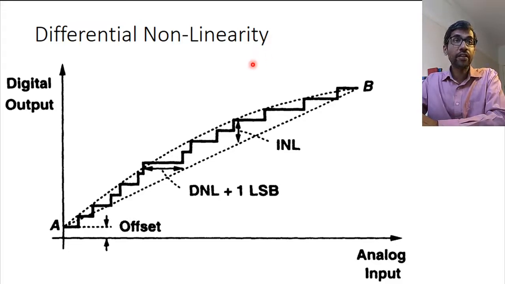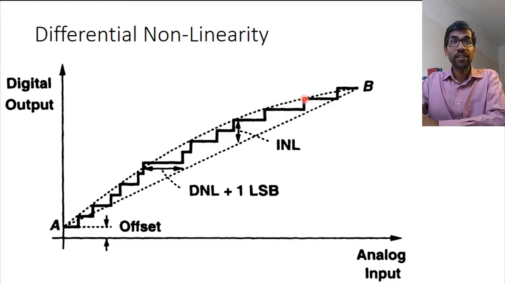So the differential nonlinearity is basically how different is one LSB. Let's put it this way: every step in this characteristic would ideally be of the same size, right?